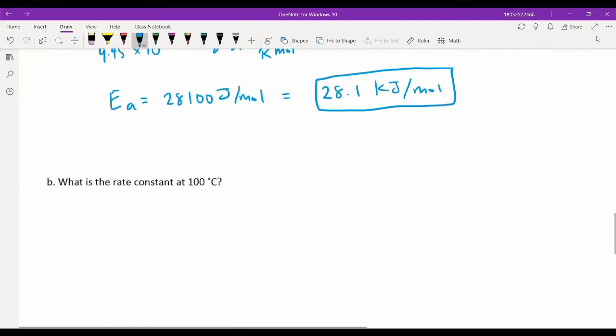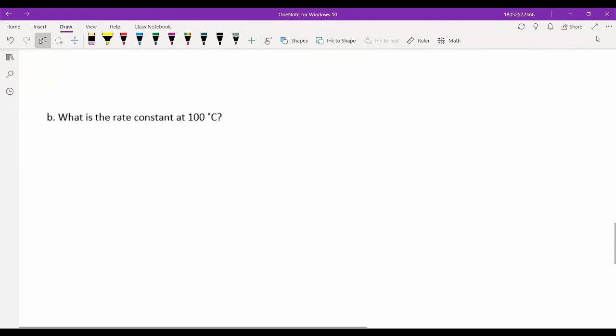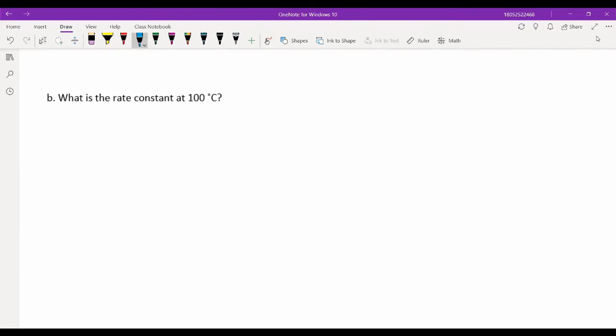All right, part B, another thing you can do with the same equation, and then you can just make K1 your X, and then this is going to be your T1, which would be 373 Kelvin, right?